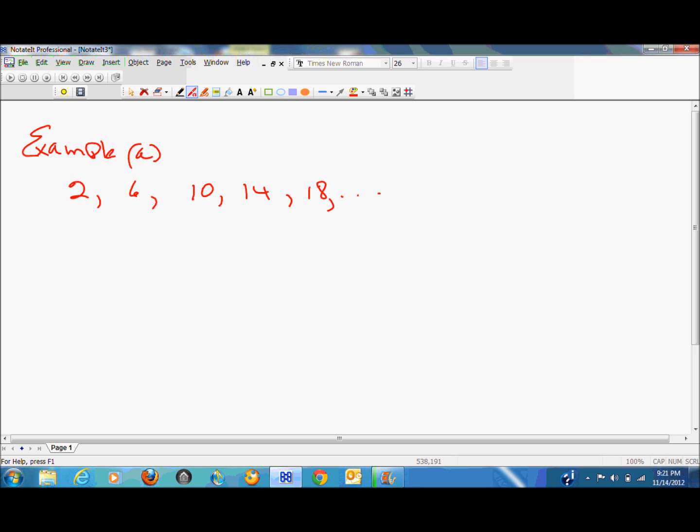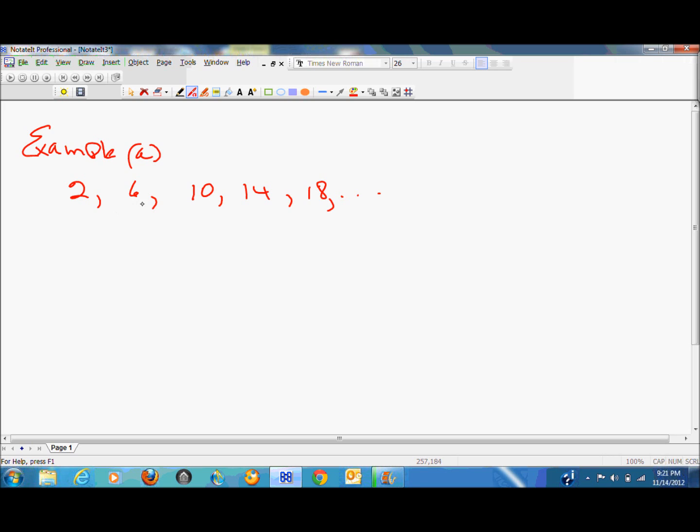And if so, let's see what's the common difference and then write the next two terms. So let's see. Here, term 1 is 2, term 2 is 6, term 3 is 10, term 4 is 14, term 5 is 18, and so forth.